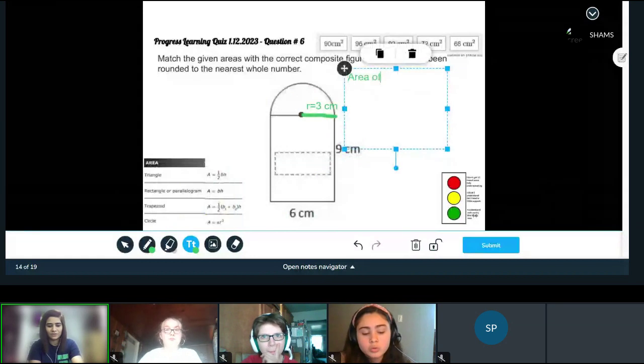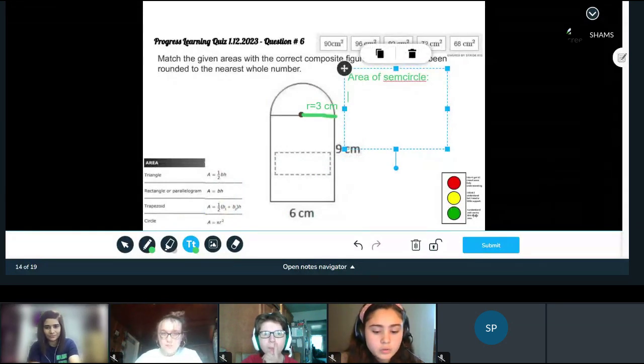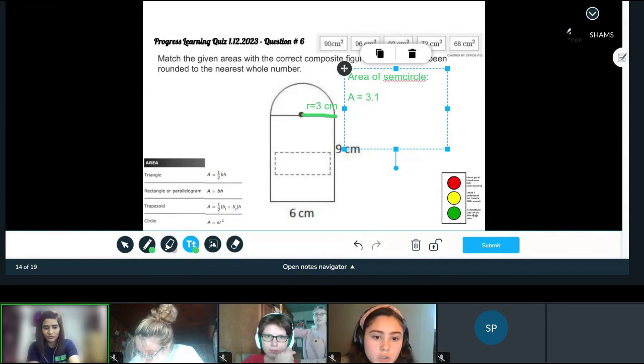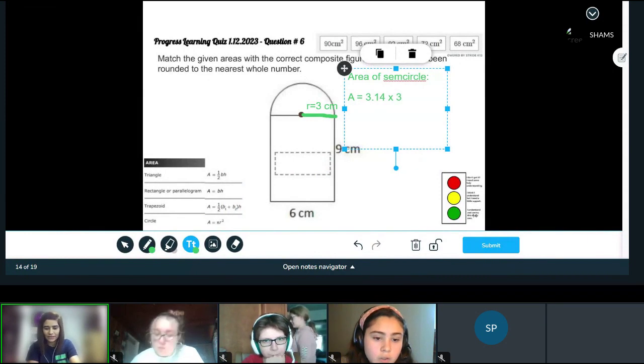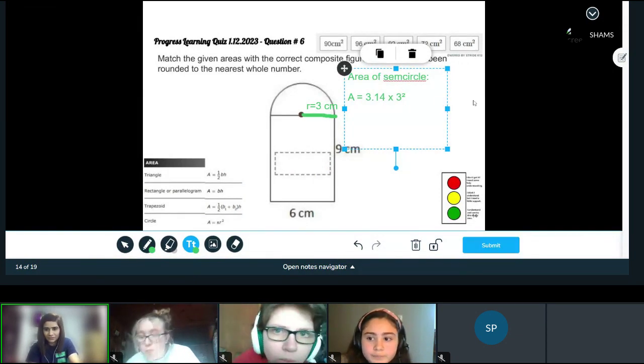Area of semicircle. The formula says area equals pi, that is 3.14, times radius squared. Radius is 3, and I will square that. Right? And that will tell me the area of the circle. That's it.